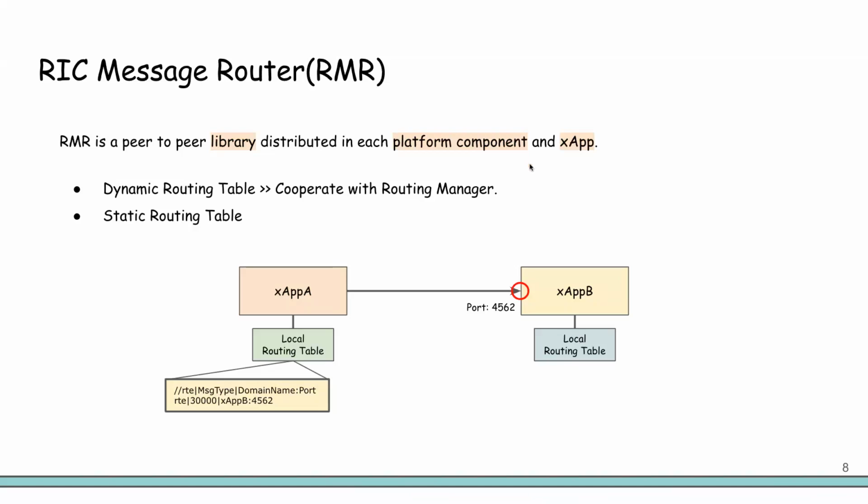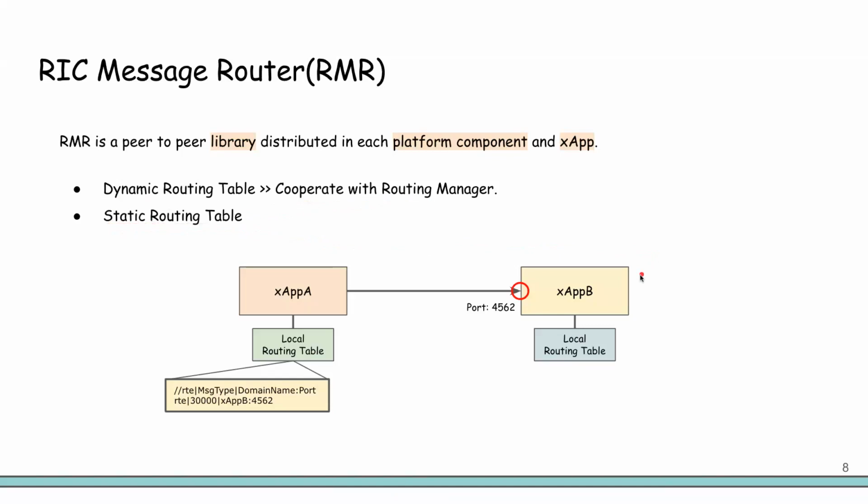If you want to communicate, you need a routing table, because you need to find the right component to communicate with. It provides two methods to provide a routing table. The first is dynamic, but the dynamic method needs other components in the RIC platform to support it. I just want to show the static routing table here.